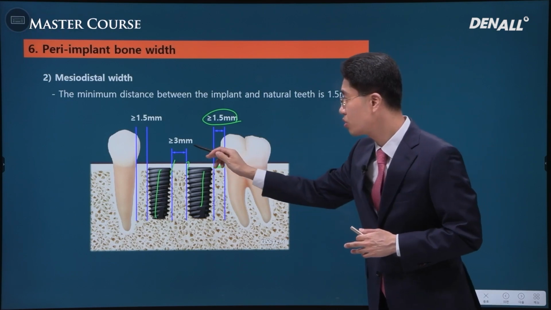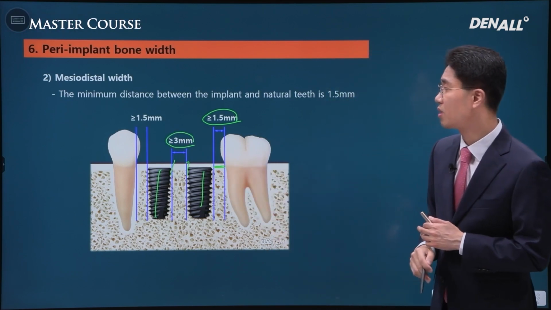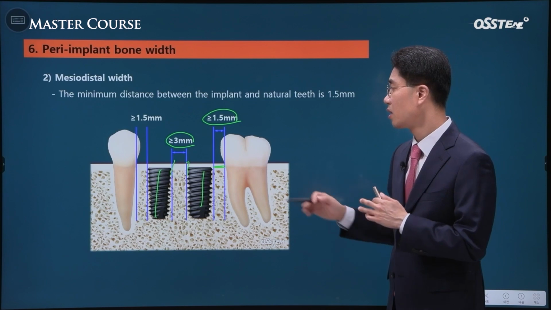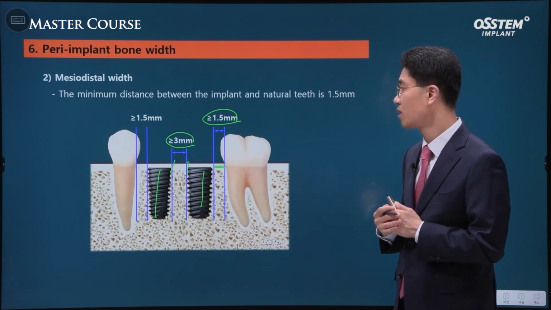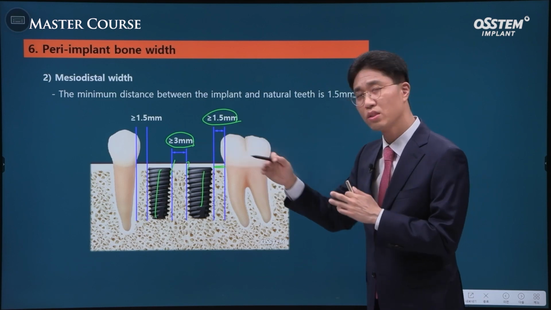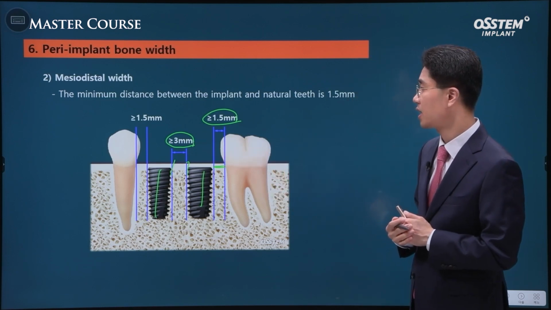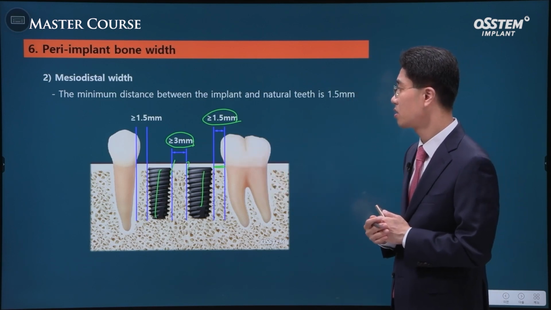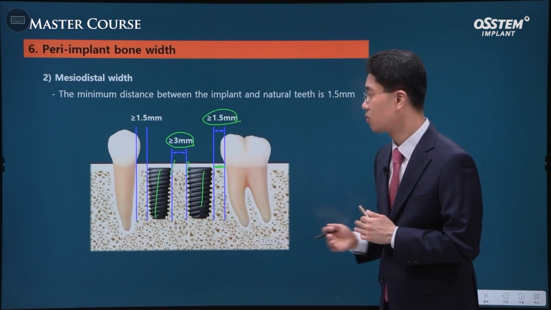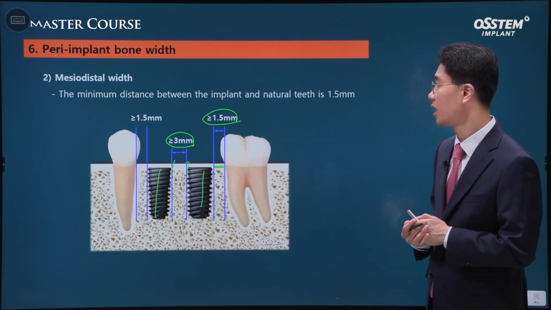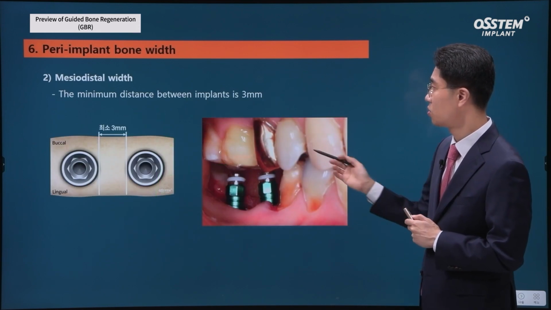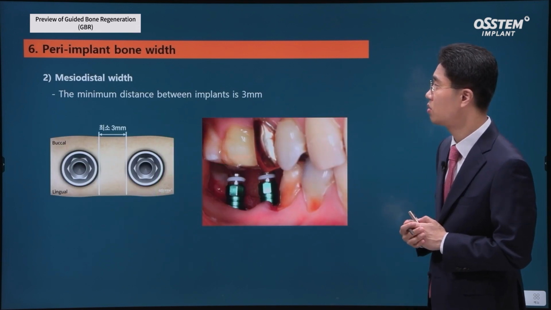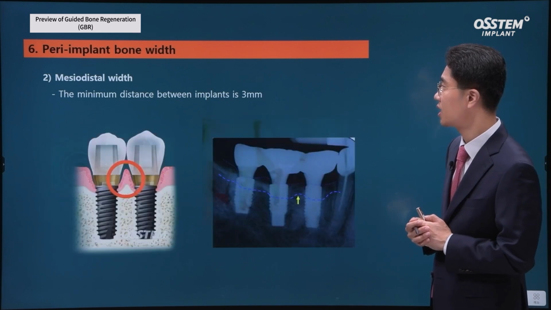The figures that have been mentioned are based on external type implant, and the figures may go down in the case of internal submerged type implant. In general, in order for it to be considered safe, there needs to be at least 3 millimeter of distance. There needs to be 3 millimeter of distance to be safe.